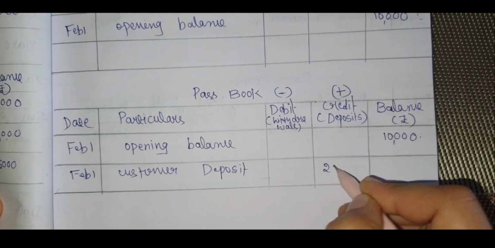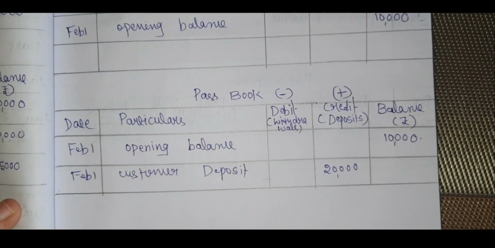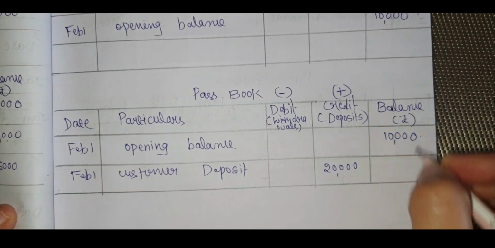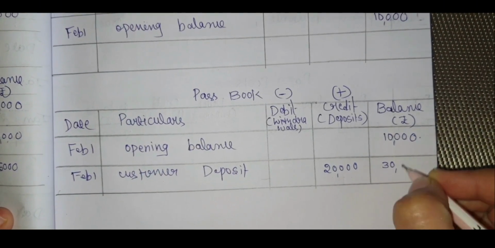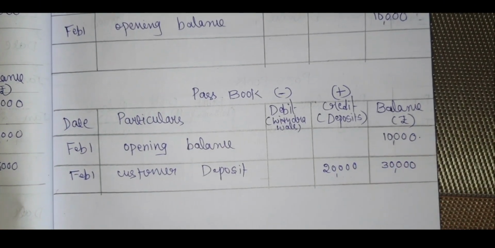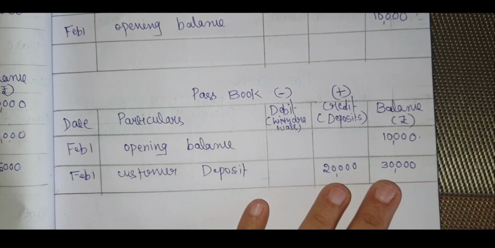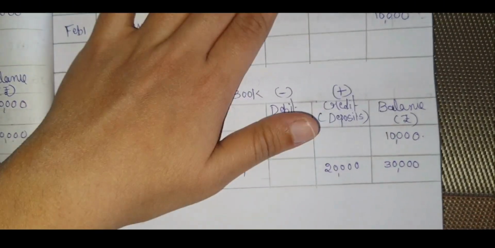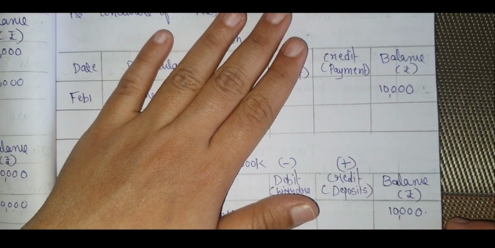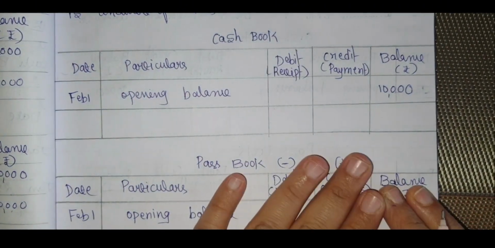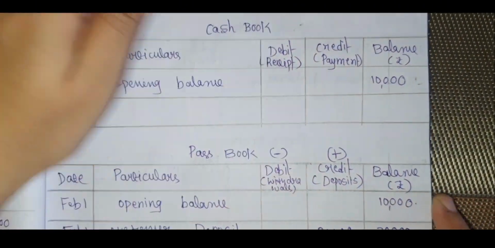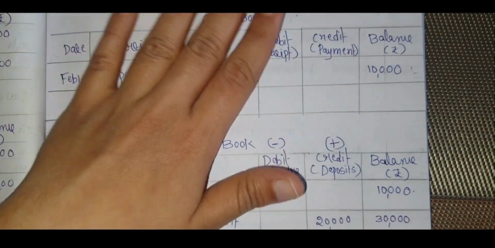So our passbook balance on February 1st is rupees 30,000. It means bank balance is increasing compared to cash book.